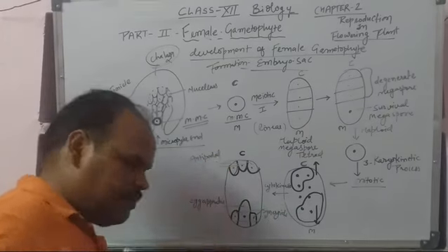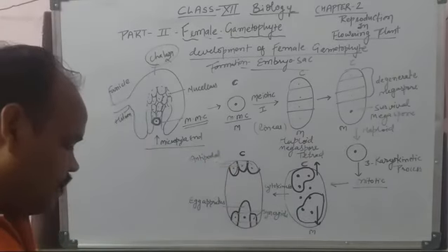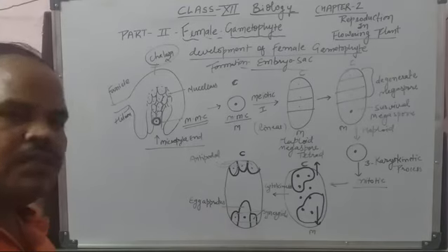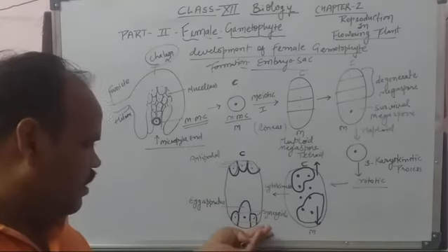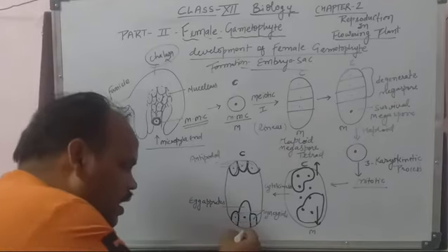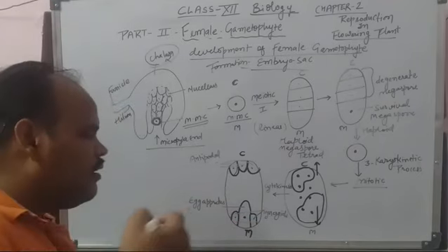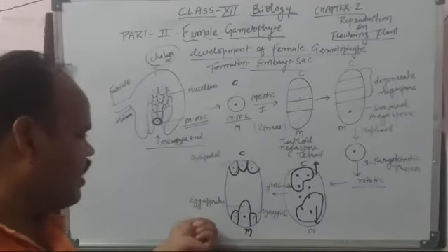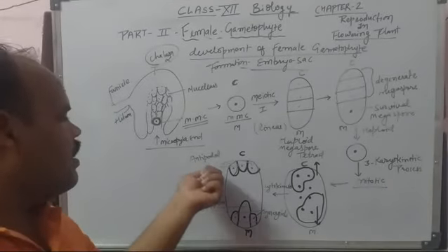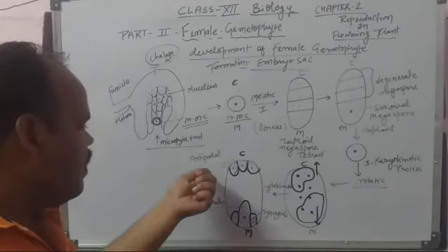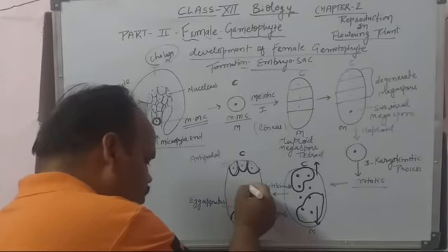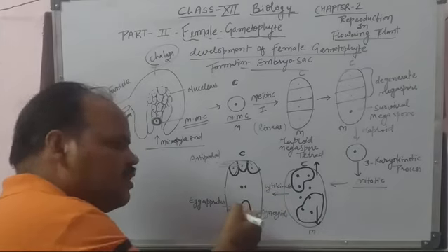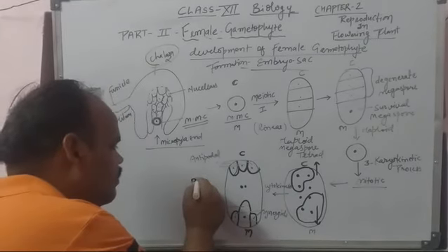So there is the formation of antipodal cells, and 3 cells beside the micropylar end with the synergids and the egg apparatus. There are 3 antipodal cells, and 2 nuclei remain here. These are called polar nuclei.